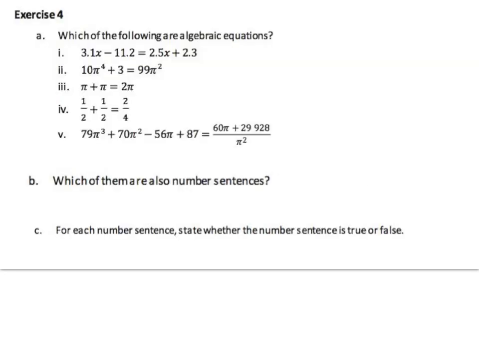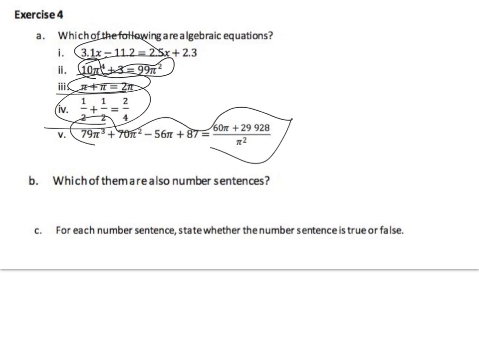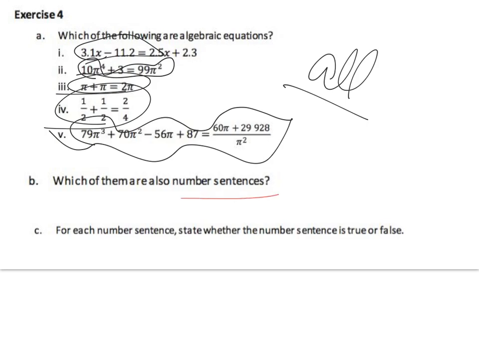So, which of the following are algebraic equations? I've got numbers and letters. I have numbers and symbols. I have lots of symbols. I have numbers and symbols. All of them are algebraic equations. Okay? Which of them are also number sentences? Let's see. Number sentences. I'm going to highlight in red.